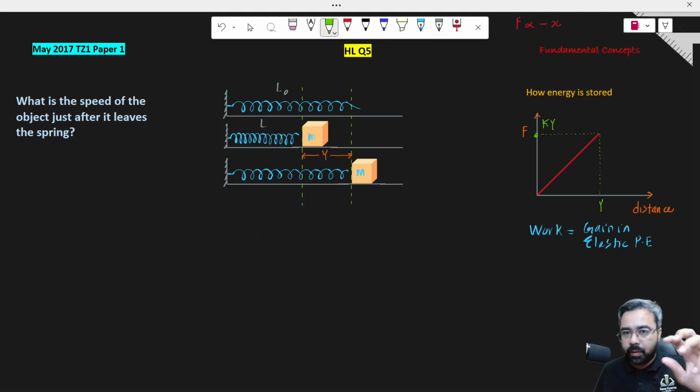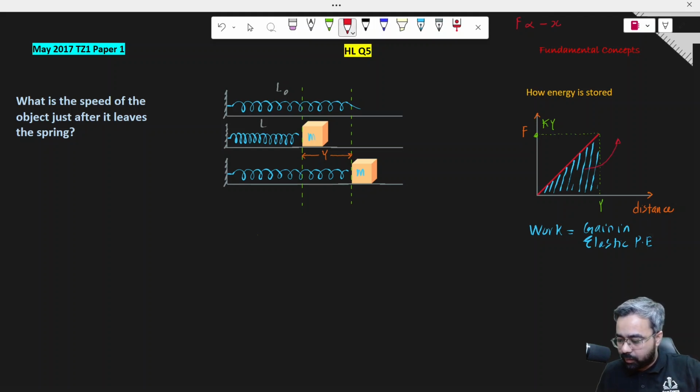If you find the area under the graph, which is obviously this area, that area represents the amount of energy stored, which actually comes from all the work done, right? So the area under the graph would give you the total amount of elastic potential energy stored in the spring.